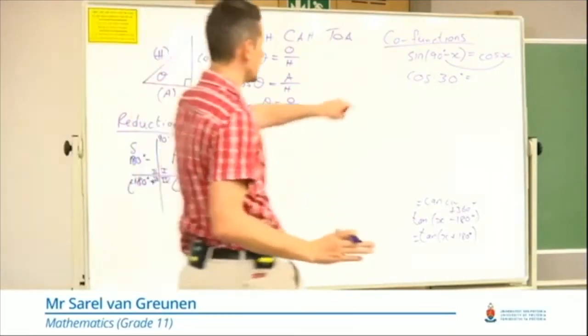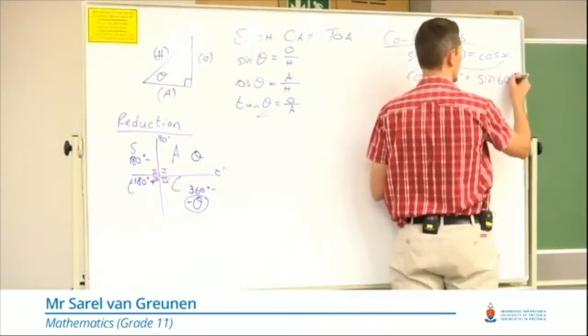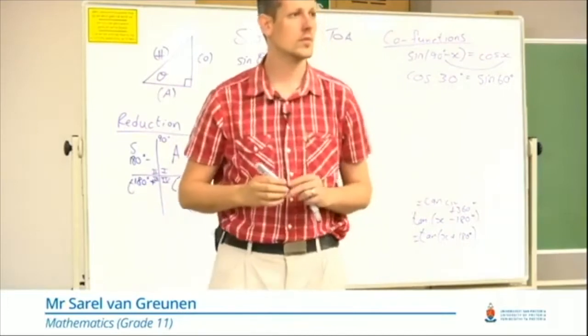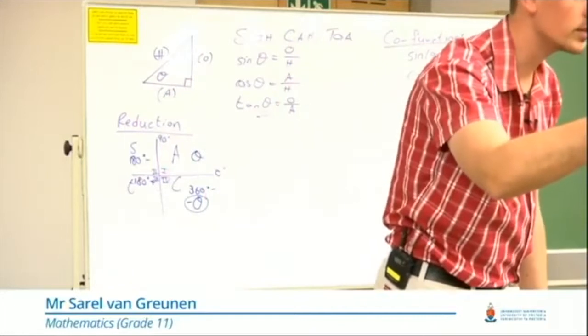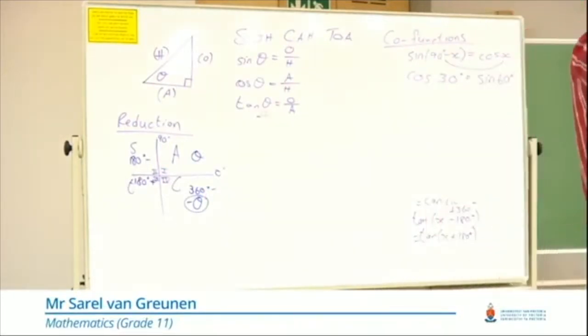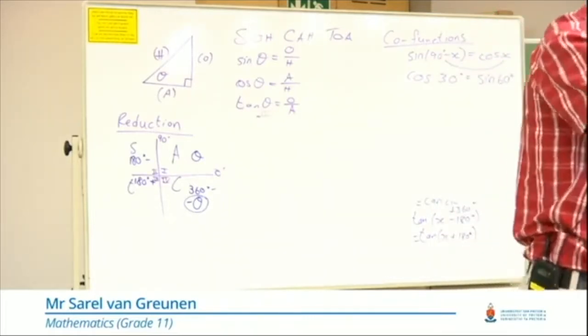So therefore take the co away and I'm left with sine of 60 degrees. Now let me quickly blow your mind. In 20 seconds, I'm going to take you past your school curriculum so you can do cofunctions with any trig function.